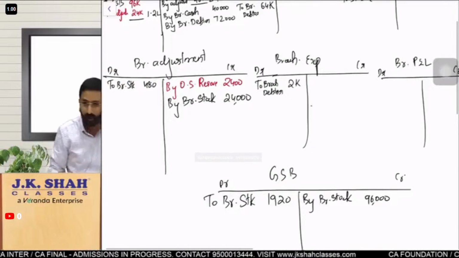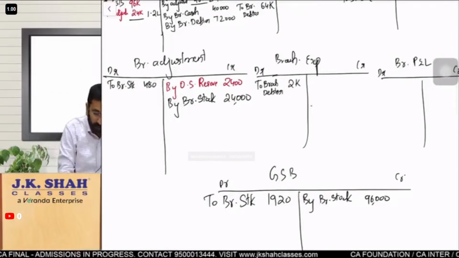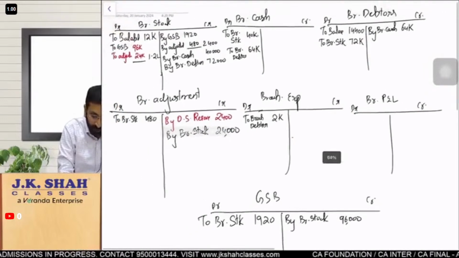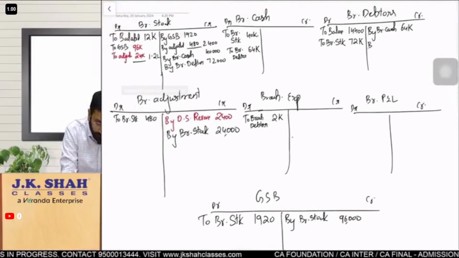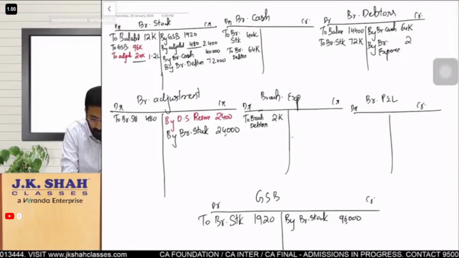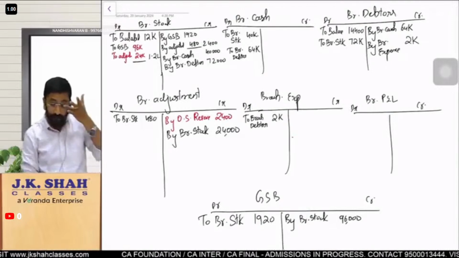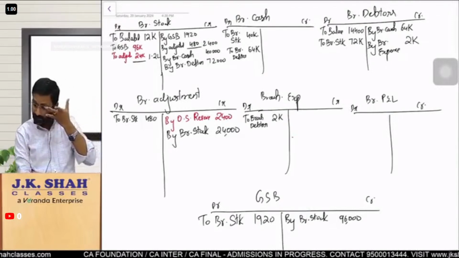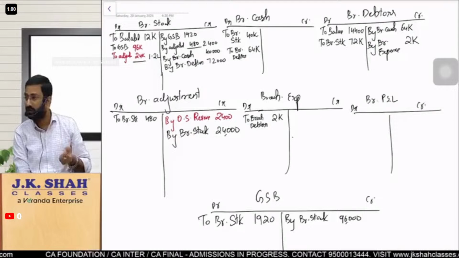In the debtors account, by branch expense 2,000. This takes care of discount and bad debt.